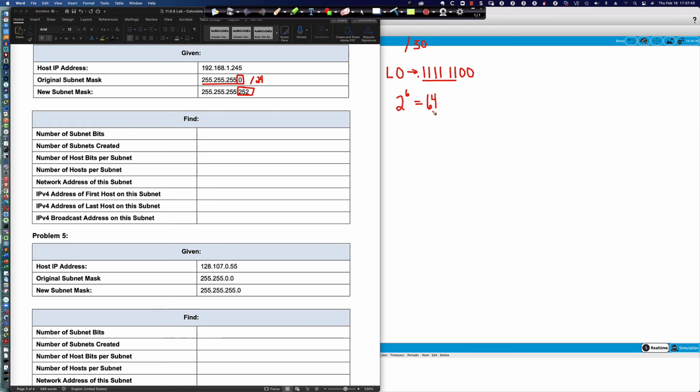So we've created 64 subnets that we can use. Now, in each of these subnets, how many usable host IPs are there? Well, it's 2 to the 2, and that gives us 4. That's total number of IPs per subnet. Usable IPs, we end up with 2.